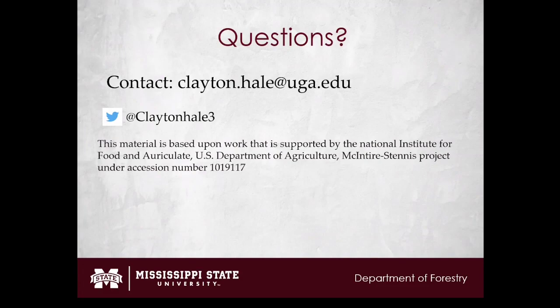What's really cool about MaxEnt in particular is that it is a presence-only modeling methodology, compared to presence-absence, where you do need formal absences to actually know where there aren't any.